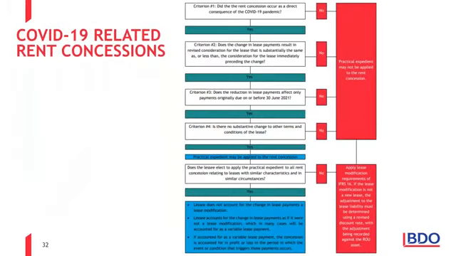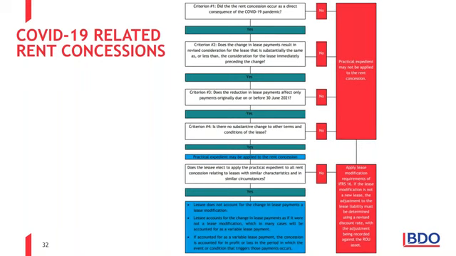And in that document, we've included a diagram which steps through the amendment, and it really says there's 4 criteria that you have to meet in order to be within the scope of the amendment. And if you are within the scope of the amendment, you still have a choice whether you want to apply this amendment or not. And we've talked about this in last month's webinar as well.